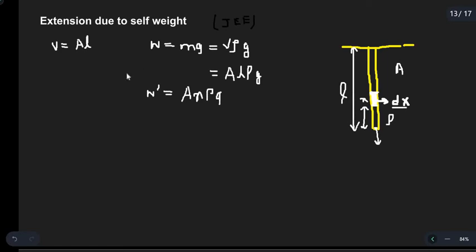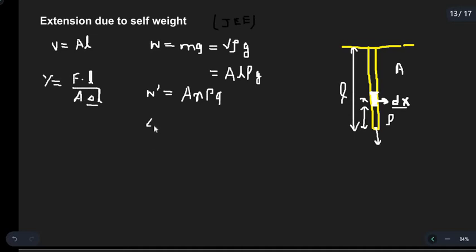Now you know the formula for Young's modulus, right? Let me write it here. In the previous class I taught you the Young's modulus formula, which is F into L upon A del L, and you need to find this del L. This is the extension part.